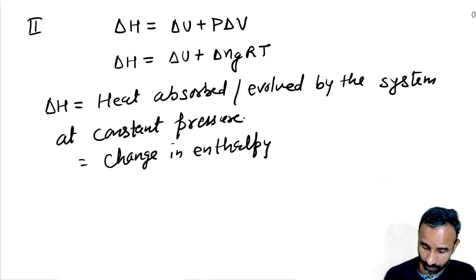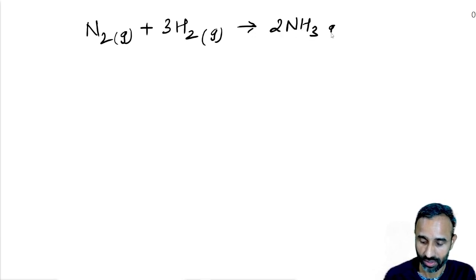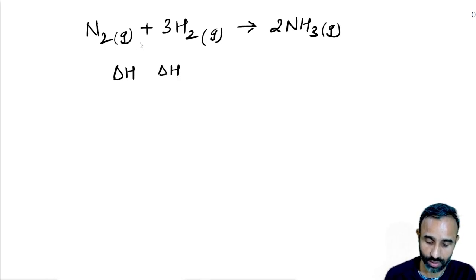Now, if we have a reaction like N2 gas plus 3H2 gas to give 2NH3 gas, what is the relation between delta H and delta U for this particular reaction?